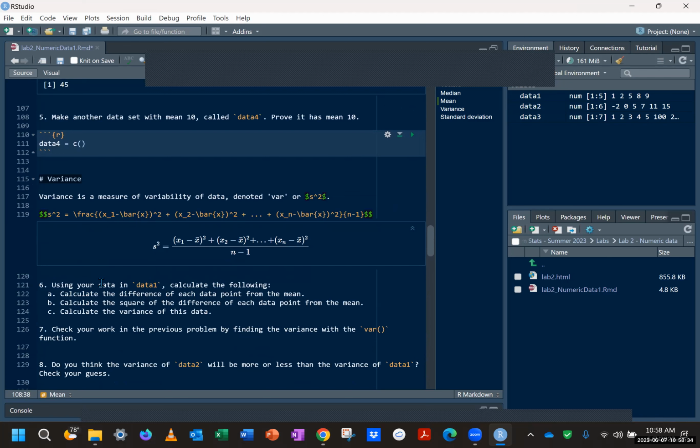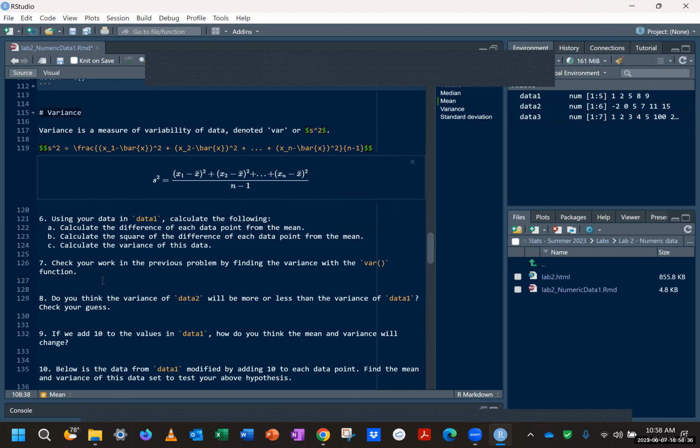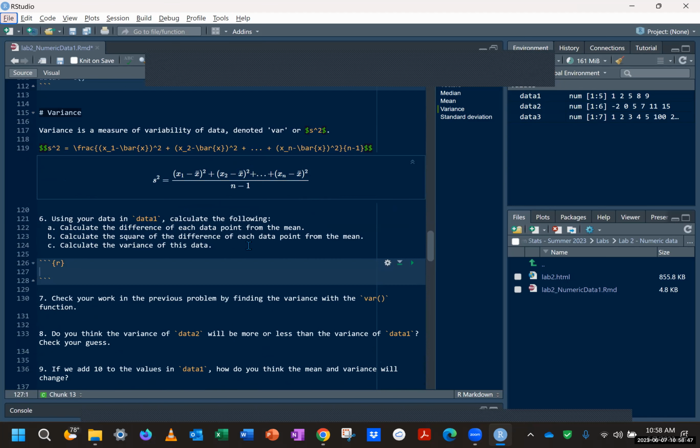Okay, and so then we have variance. Variance is this complicated formula, but in short, it says, how do we measure how far apart our data is spread? So let's do this with data 1. Here's data 1. I'm going to do it by hand for you guys to see.